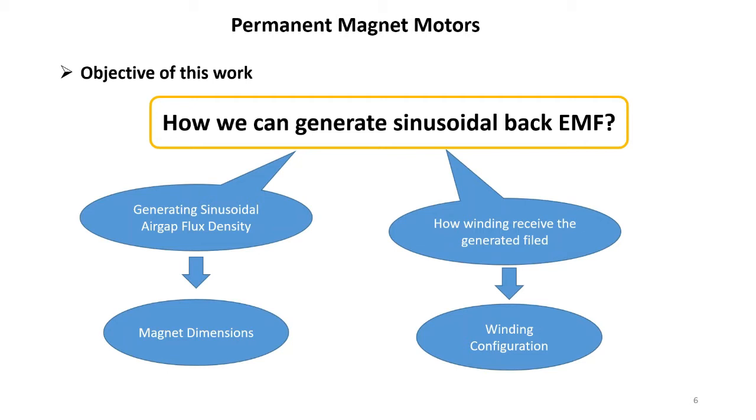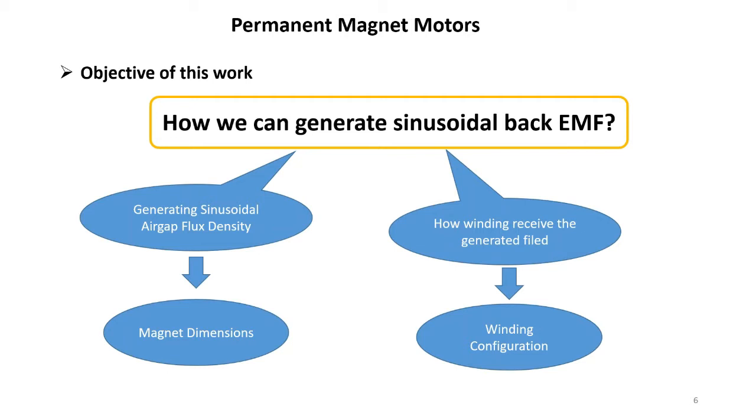In a previous webinar, we saw that the magnet dimension is very important for permanent magnet motor performance. One of its importance here is affecting the waveform of the air gap flux density and consequently the back EMF waveform.